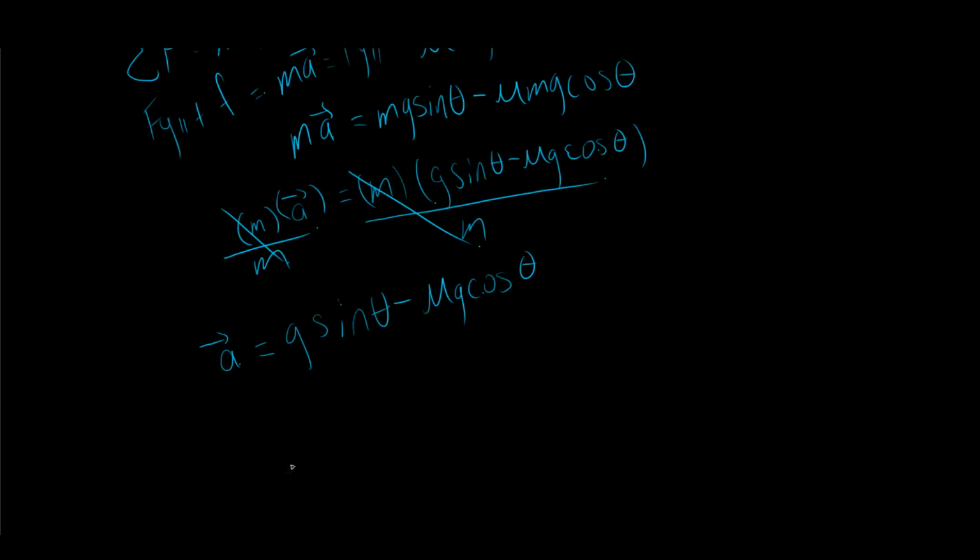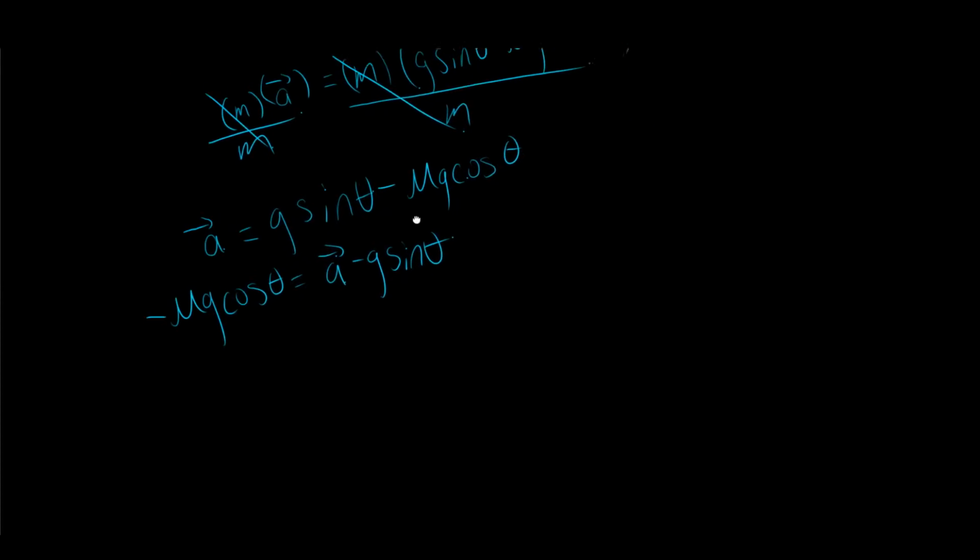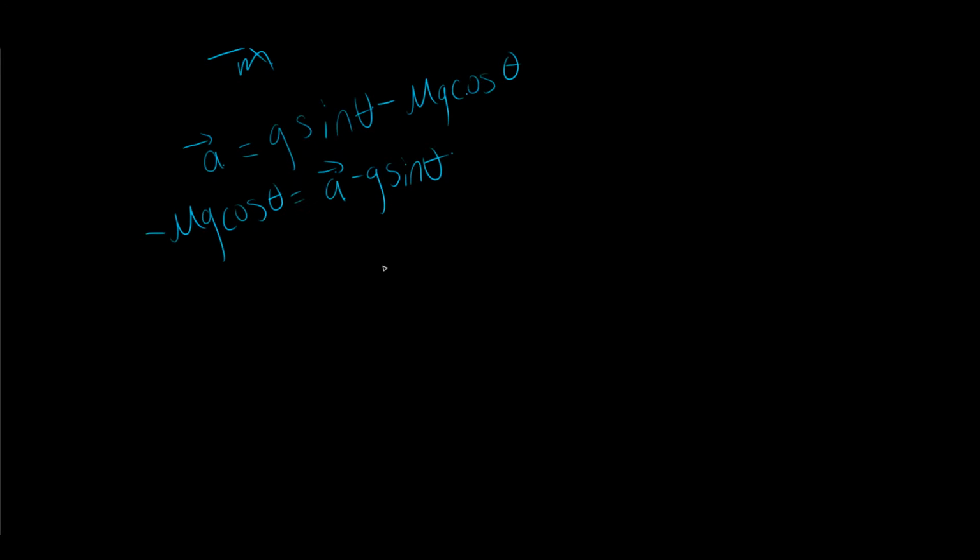So I can have that negative mu g cosine theta is equal to the acceleration minus g sine of theta, right? Alright, almost there, the home stretch now.